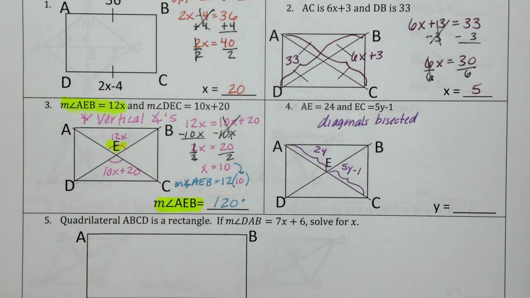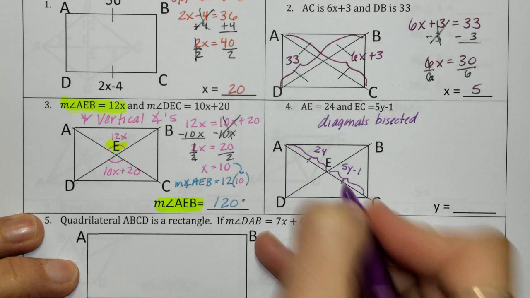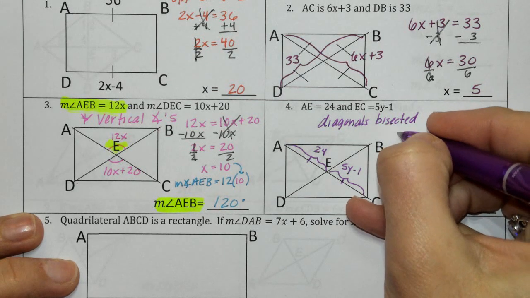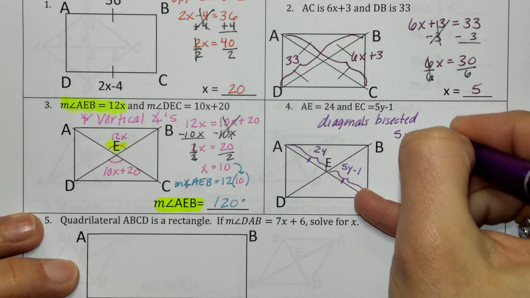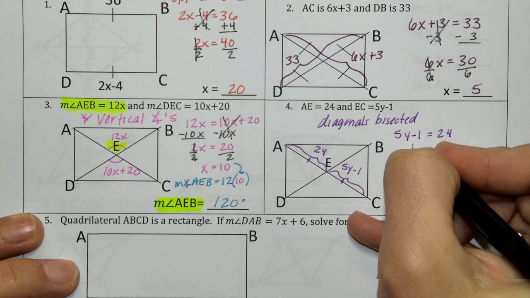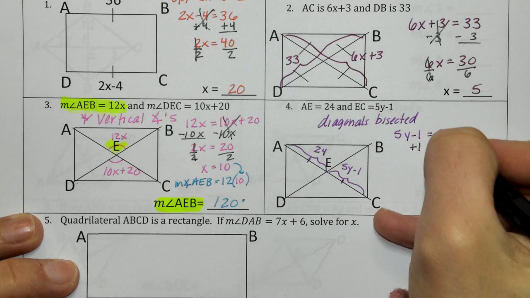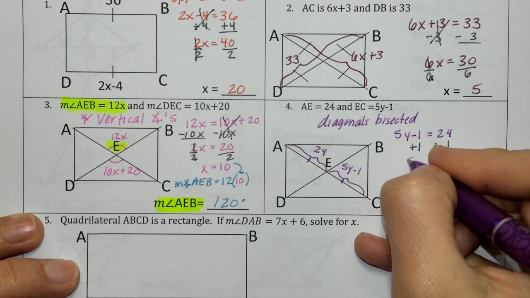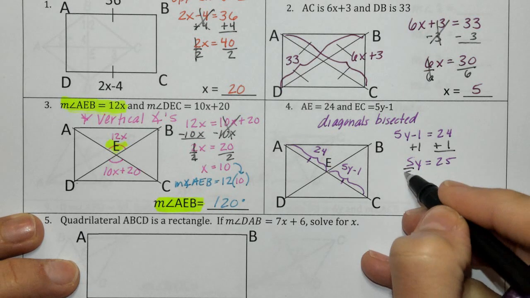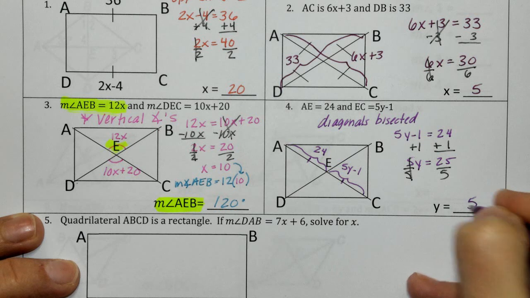So diagonals are going to be bisected, which means cut in half. And both of these will be congruent. Again, going with that congruency. So here we have 5y minus 1 is equal to 24. Our two real quick steps in solving for y, it's all they want here. Add 1 to both sides. 5y equals 25. Then we divide. And y is going to equal 5.